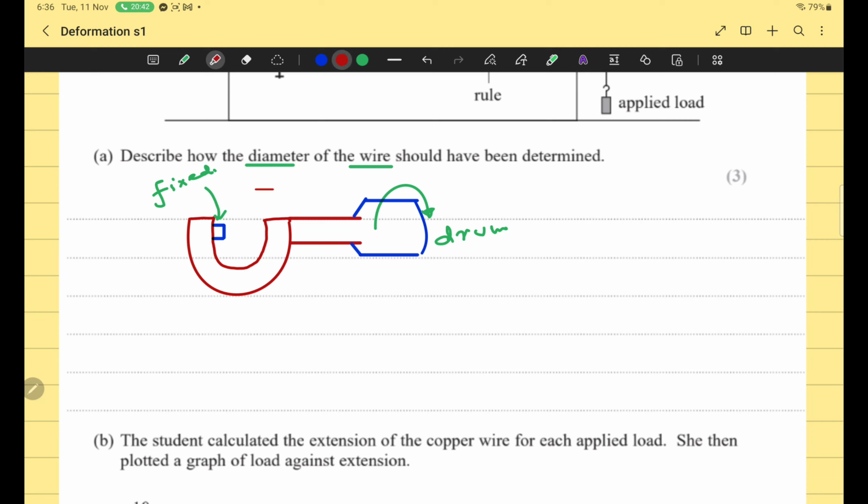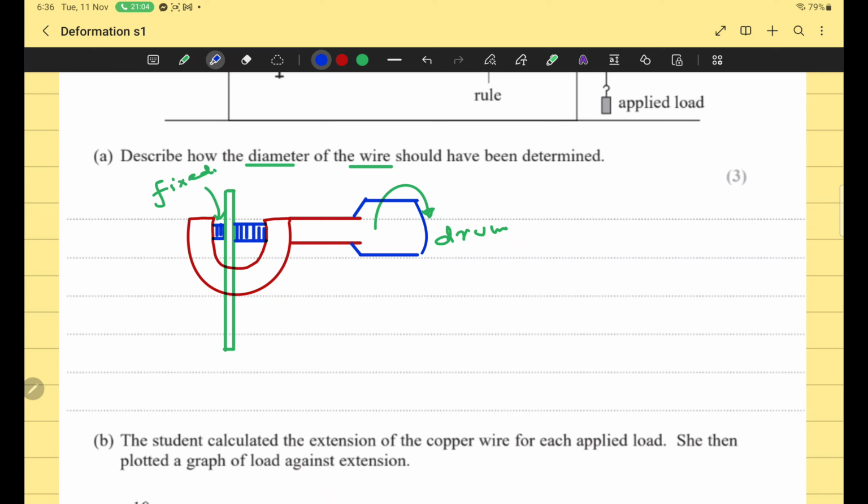But right now this is a drum, and by turning drum you can move this stud. And consider you have a wire. Consider this is a wire, and you are interested to measure the diameter of the wire. You can fix this wire between the two studs. This is a movable stud, this is a fixed stud.